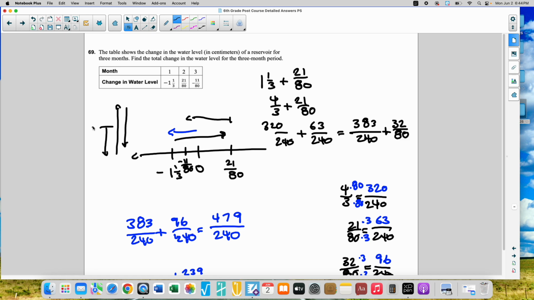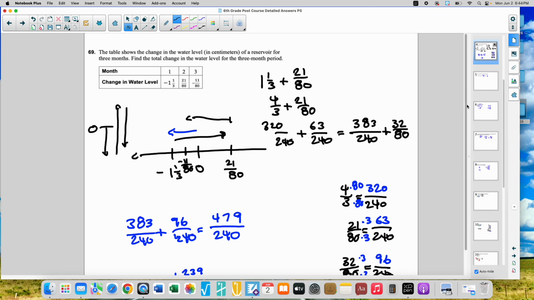We're starting at 0, we go down, up, down. Maybe they just want us to add all three of those. Don't know, kids. Well, let's try that.